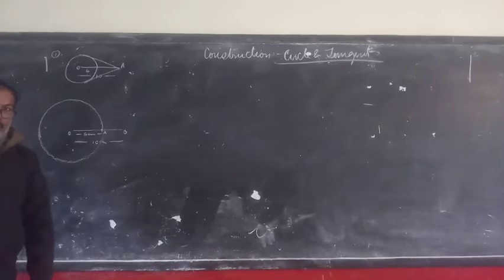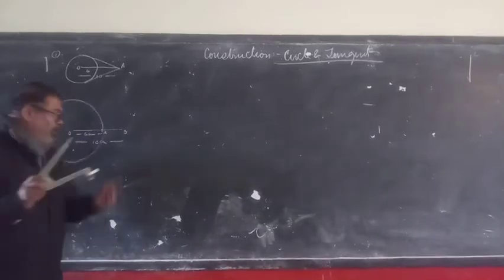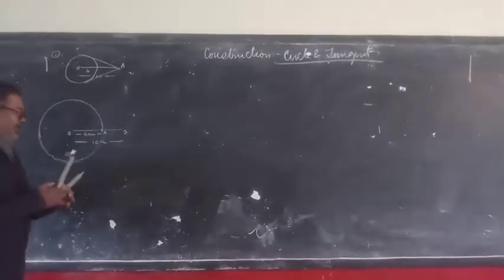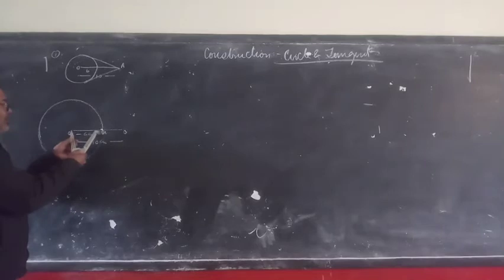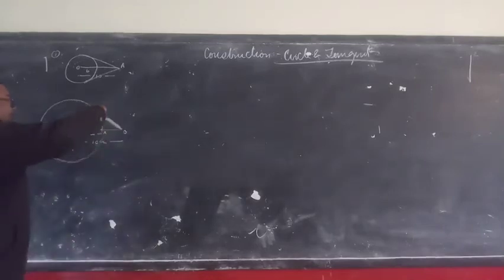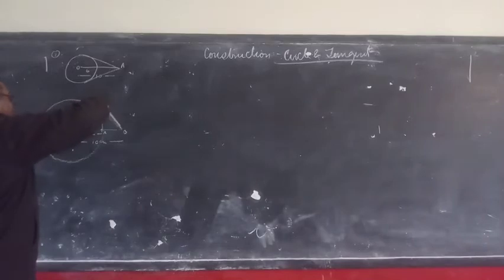Yes, sir. Now, don't reduce the length of the arc of 6 centimeter because we have to find the perpendicular bisector of OB. Now, again put the metal point at B and draw 2 arcs. One arc is above and one arc is below.